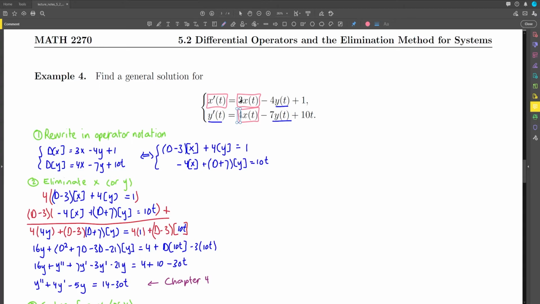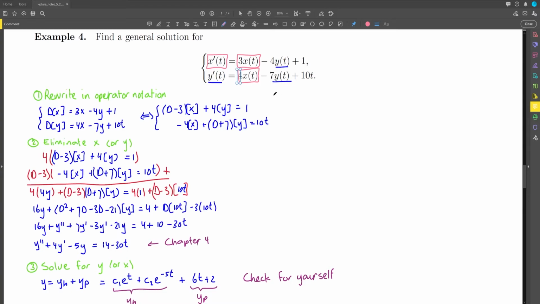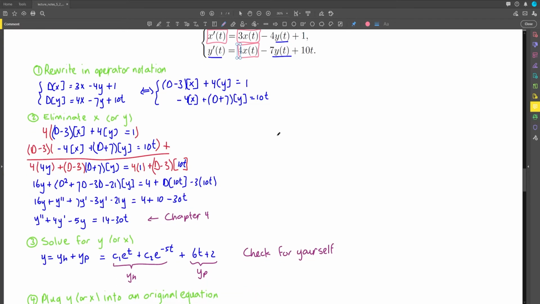And so we would need to solve a second differential equation. So really what we want to do is substitute the y that we just found into the second equation to save us some work.